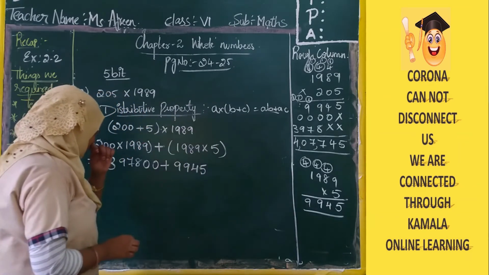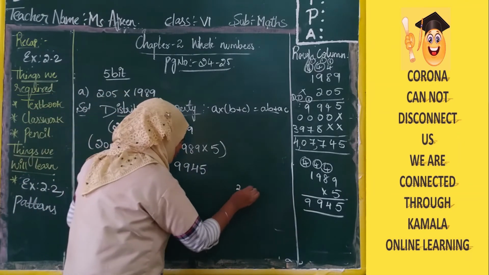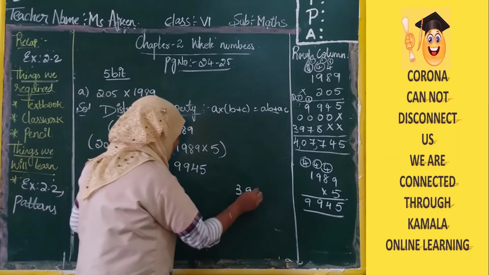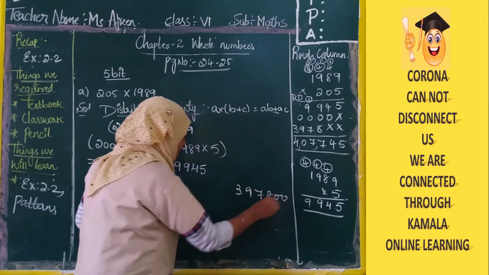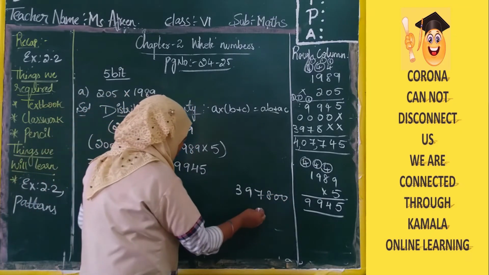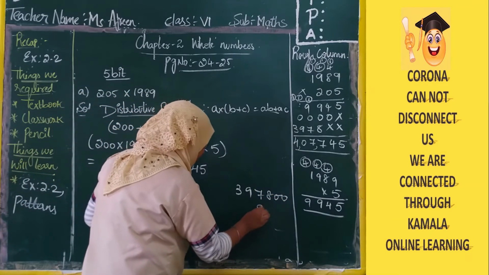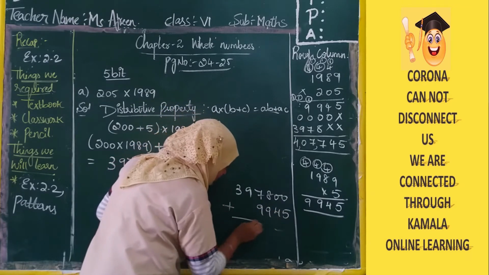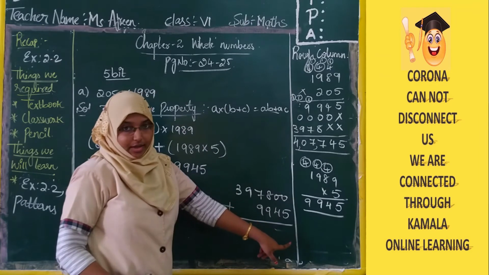That is 9,945. Let us add them first. So 3,97,800 plus 9,945. Whenever you add these two, 0 plus 5 is 5.